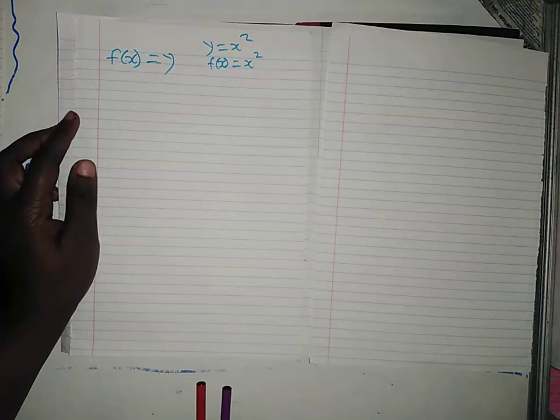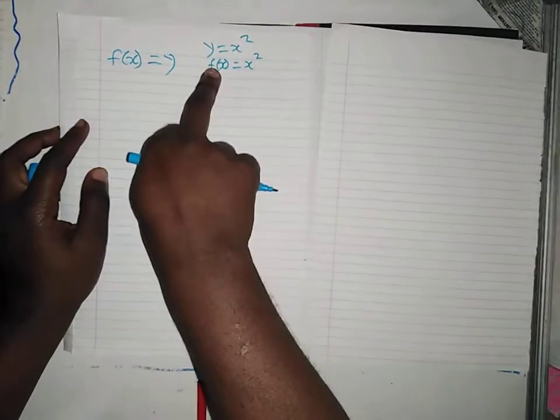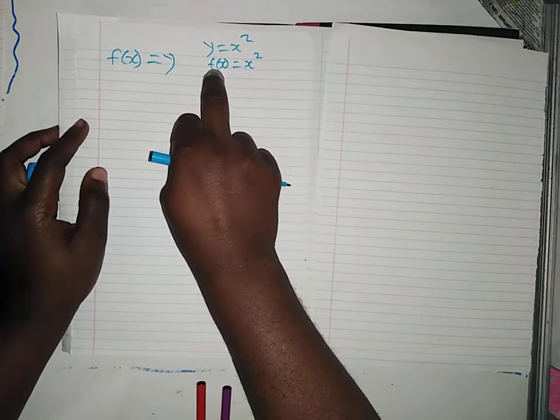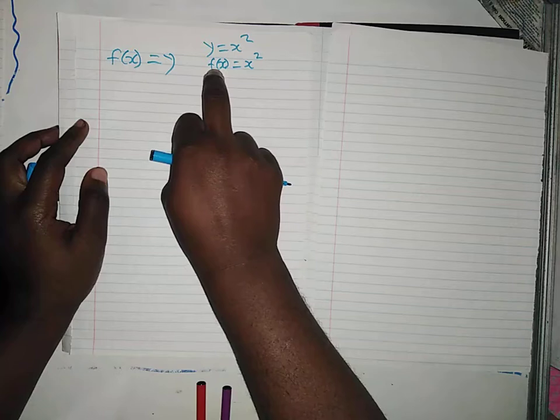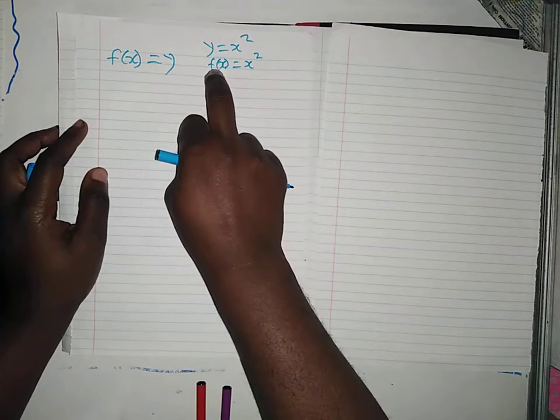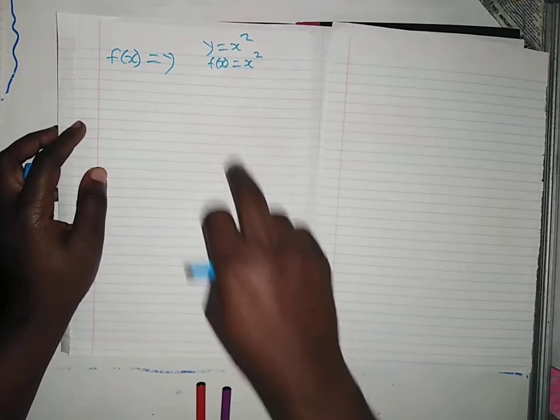This is one and the same thing. So when they say y, you must know they mean f of x. When they say f of x, you must know that they also mean y. So when you look at questions, you must be able to identify these kinds of things and understand them properly.